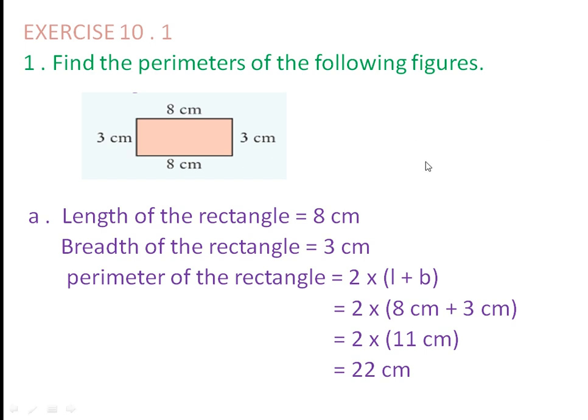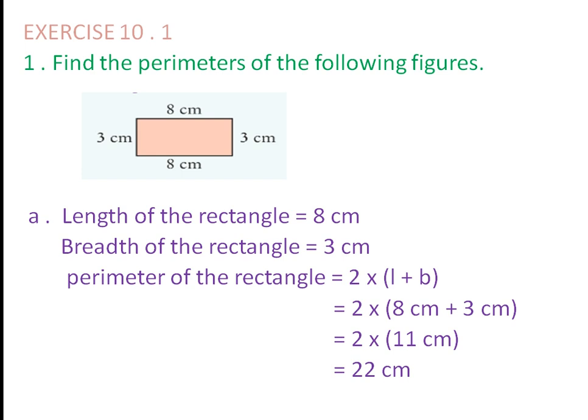Now in our textbook, exercise 10.1 is there. In that, the first problem: find the perimeters of the following figures. First observe the figure and find the name of this figure.